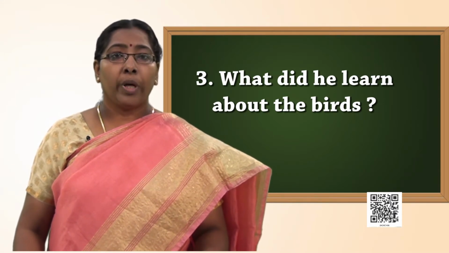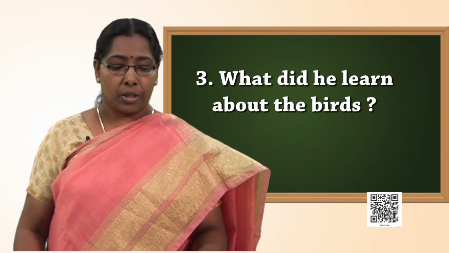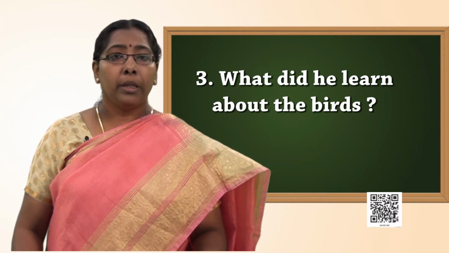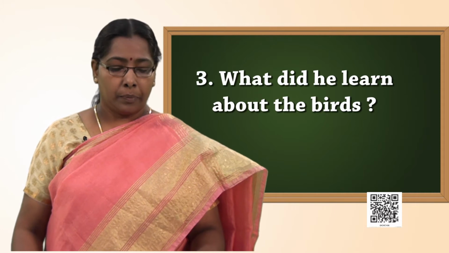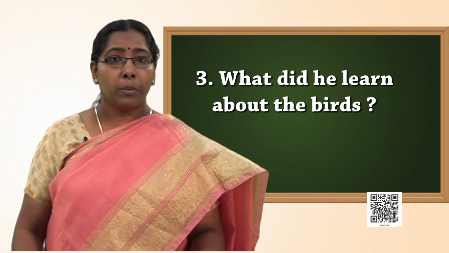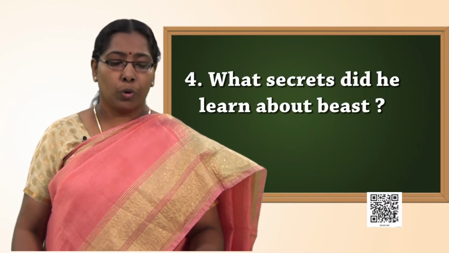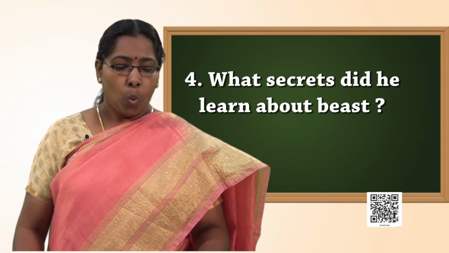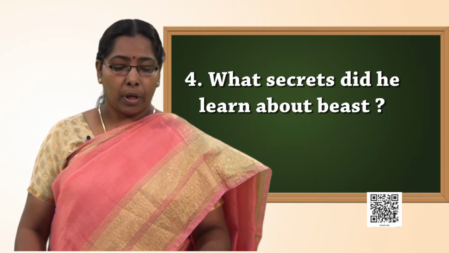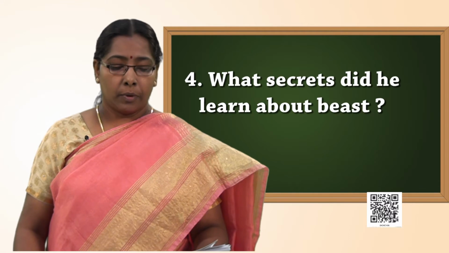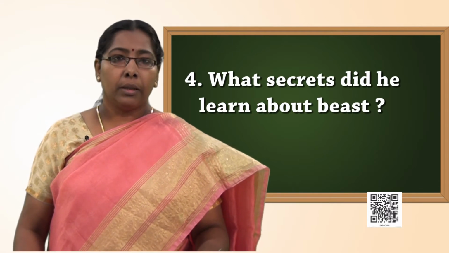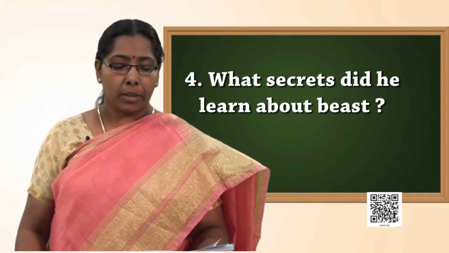He knew where they hid their nuts, how they build their nests in summer, and how they hide themselves in winter. You got the answer right? Yes, we will go to the next question, fourth question. What secrets did he learn about bees? Hiawatha learned the language of bees.